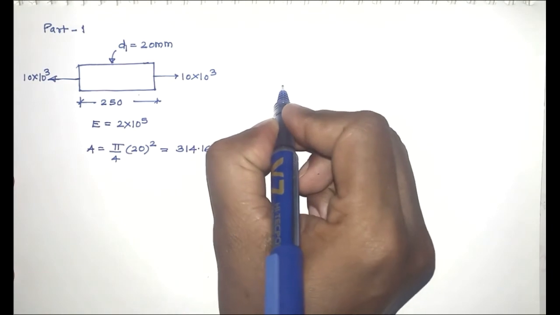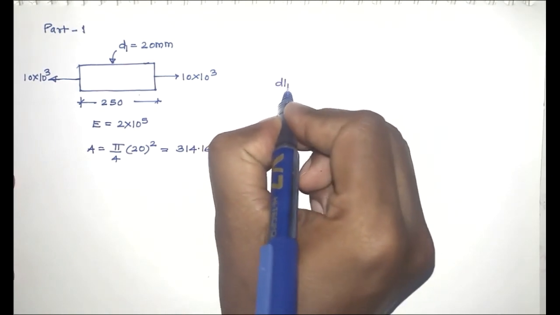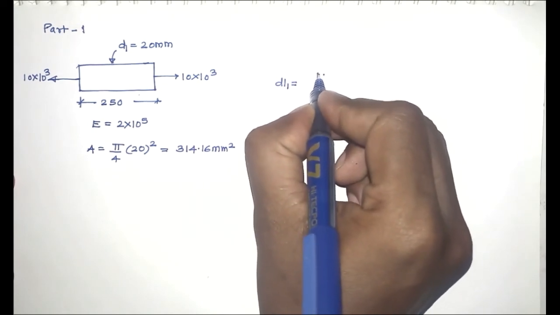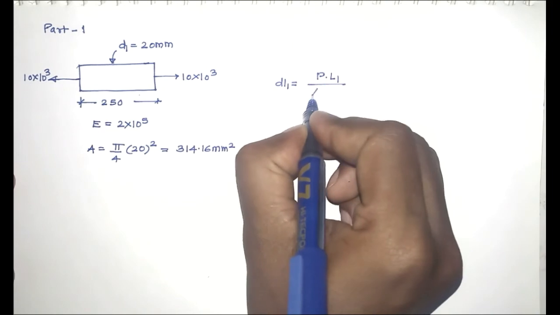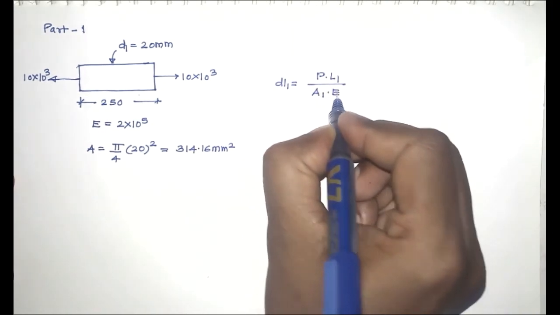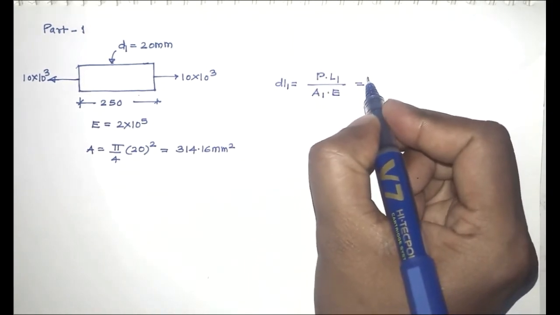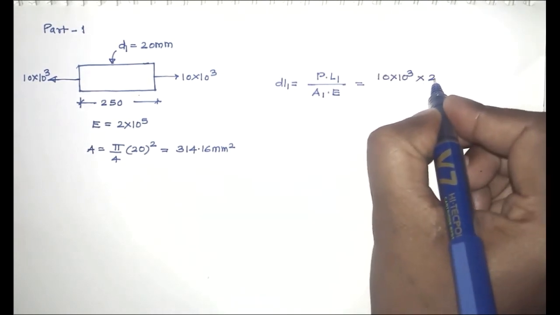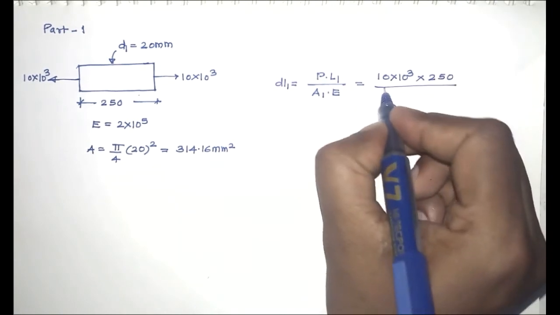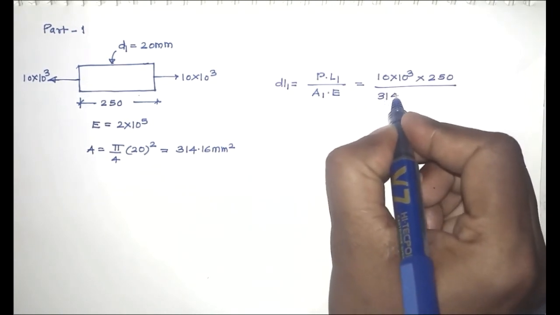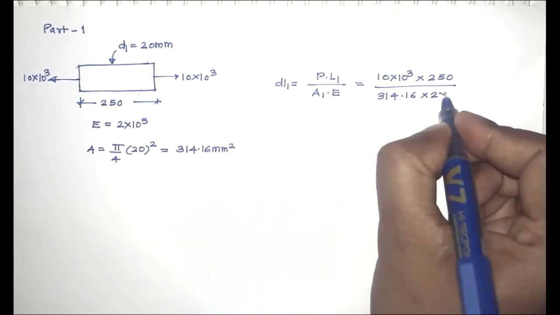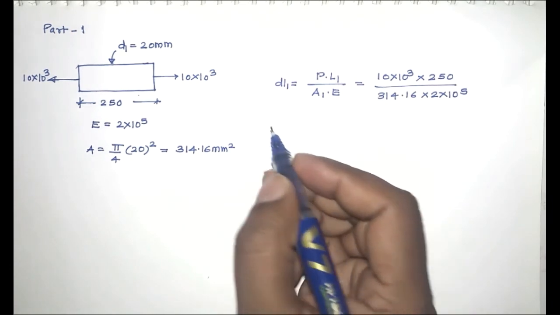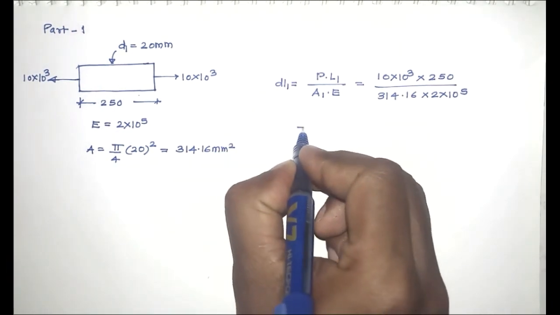So dl1 equals P into L1 divided by A1 into E, which equals 10 into 10 to the power 3 into 250 divided by 314.16 into 2 into 10 to the power 5. This is the deformation for the first part. We will try to solve this.